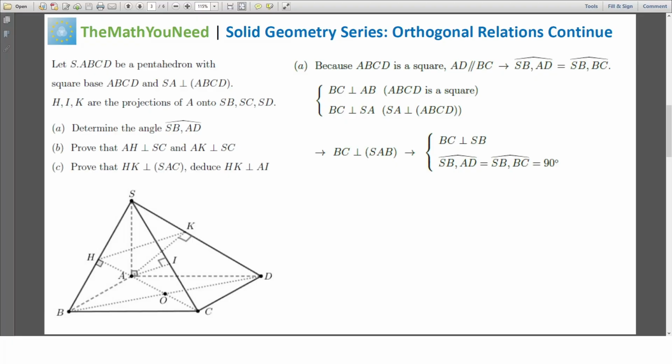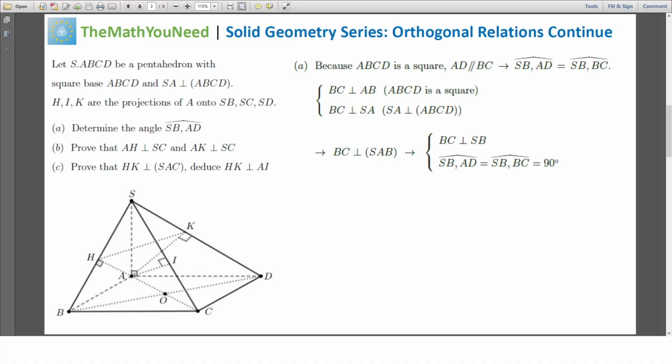Okay, moving on to part B. We need to show that AH is perpendicular to SC and AK is perpendicular to SC as well. If you watched my previous video, you should recognize that this question is very similar to the question in that problem, but with a little twist, right?